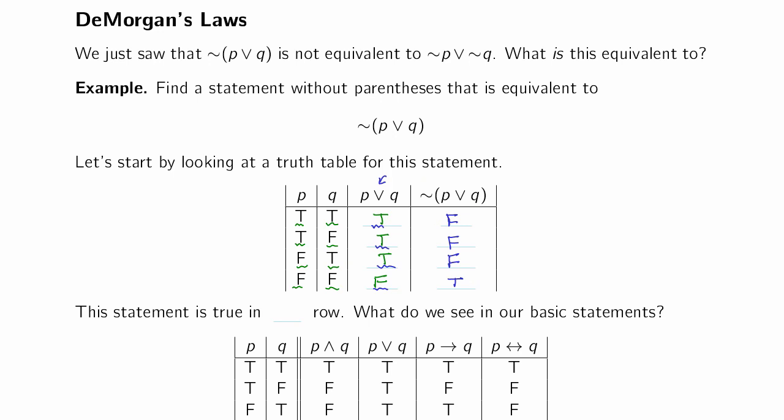Okay, so here's the statement that we're interested in, and we want to find an equivalent for it. Now, we're going to make a very similar move to what we did when we wanted to symbolize a statement. We notice that this statement that we'd like to symbolize in some way is true in one row of the truth table. And we're going to compare that to our basic truth tables for our connectors.